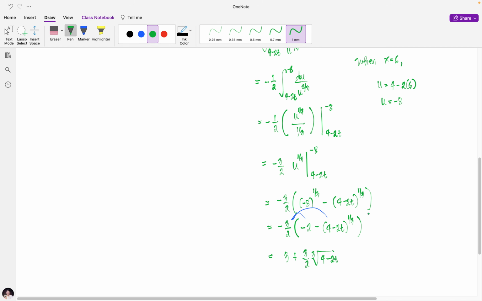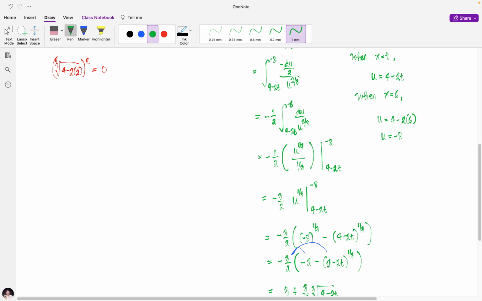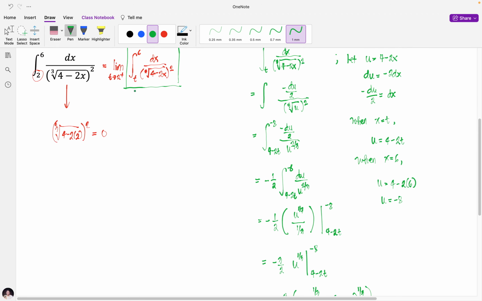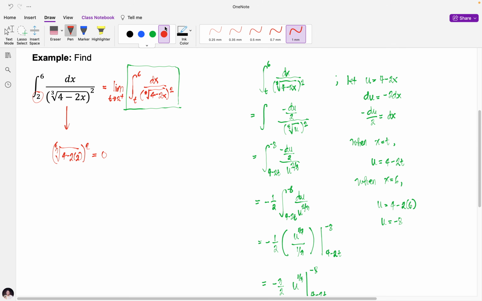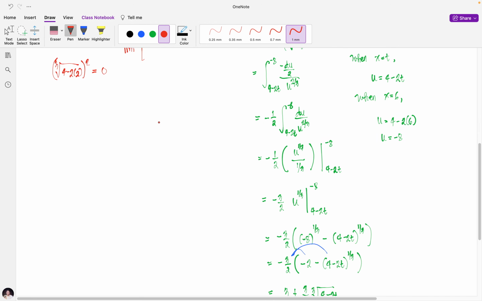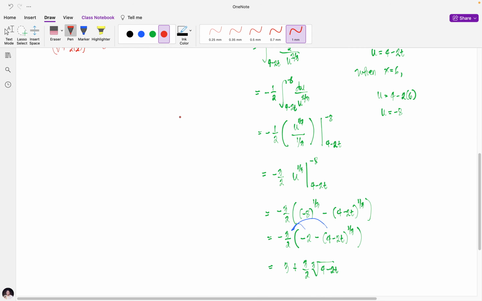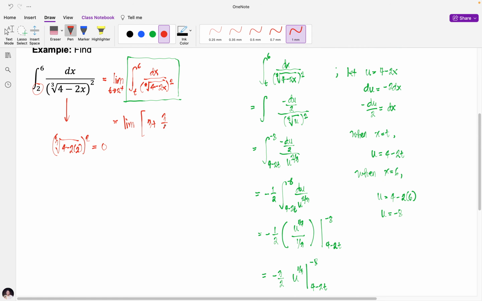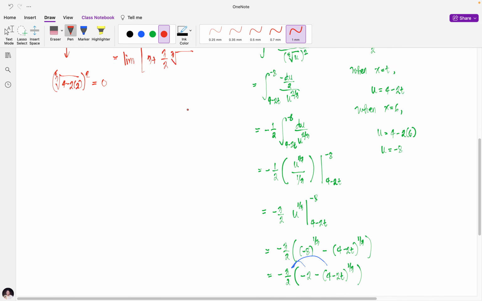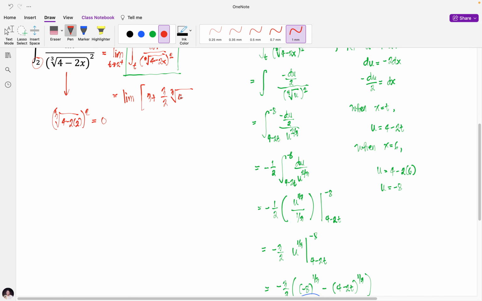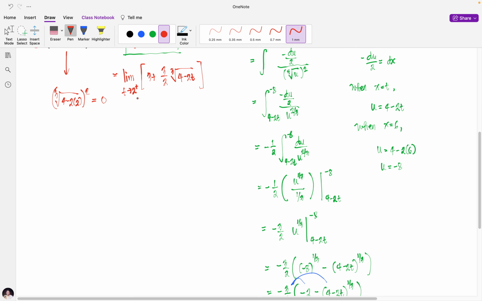We now substitute this to our integral. This is equal to the limit of 3 plus 3/2 cube root of 4 minus 2t as t approaches 2 from the right.